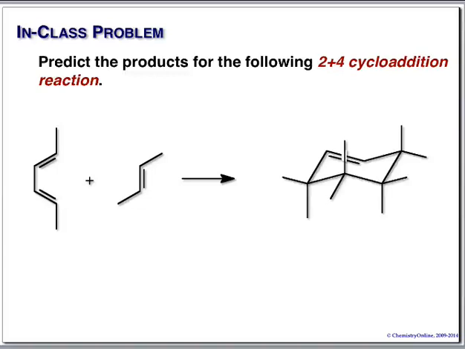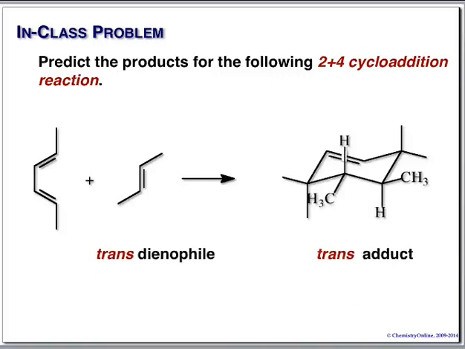We can make them both axial, or we can make them both equatorial. Equatorial more stable, so let's put them in as equatorial. Trans dienophile, trans product.